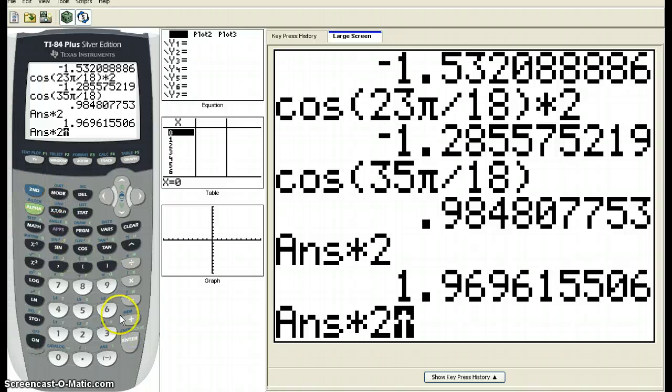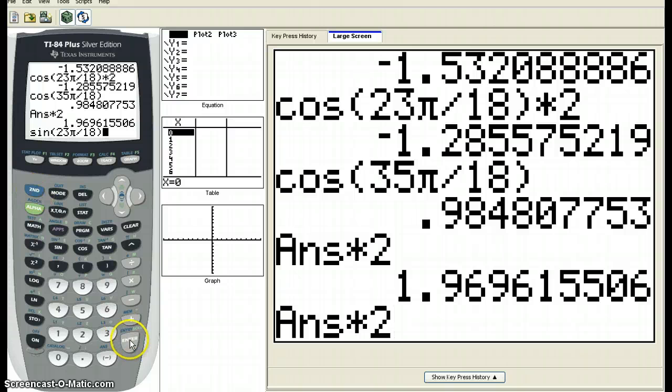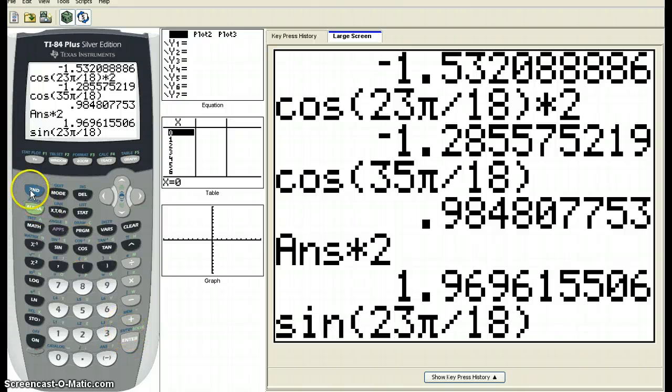Second enter, second enter. Okay. I want the sine of 35 pi over 18.